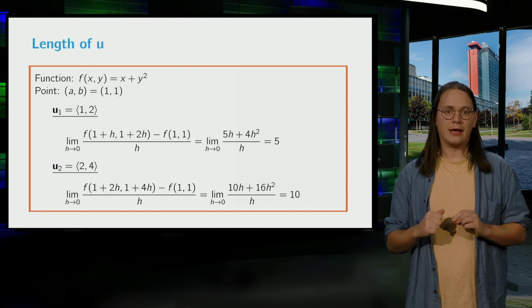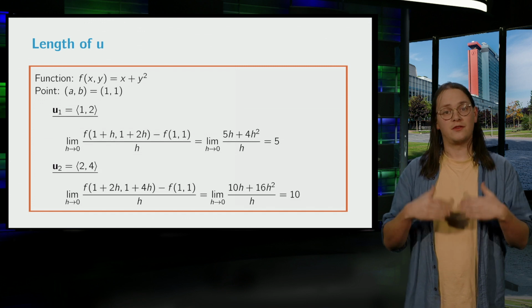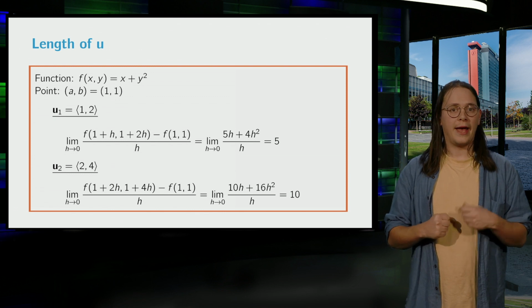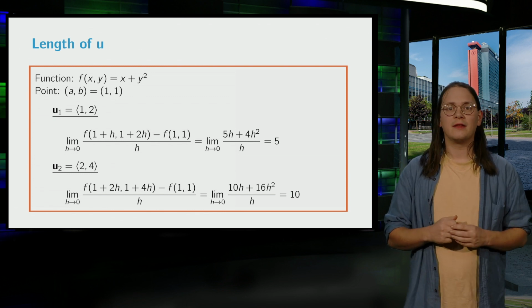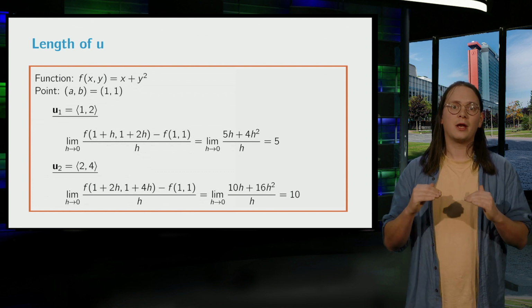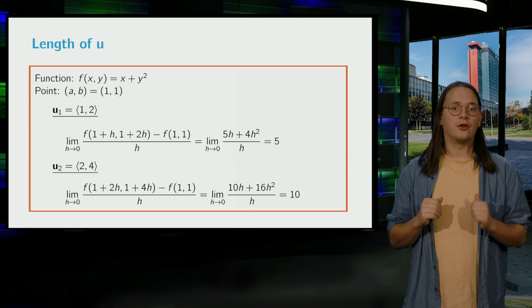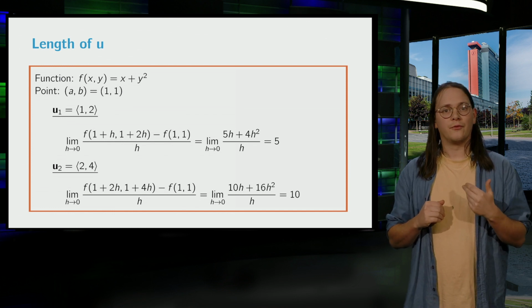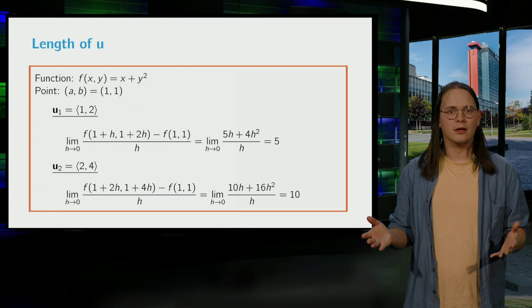Now let's try that again with the same function and the same point, but a different vector u2. As before, we can compute the limit as step size goes to 0 of the quotient with the step size in the denominator and the difference in function value in the u2 direction in the numerator. This time we find the value 10.